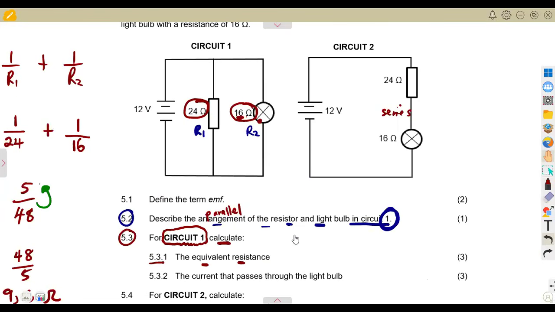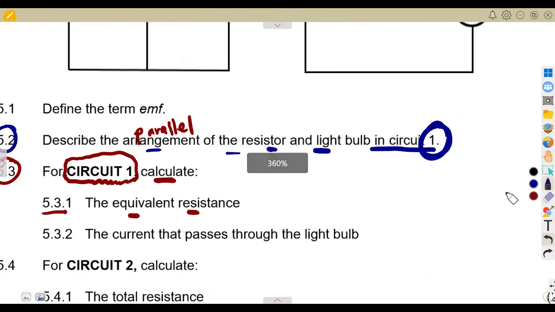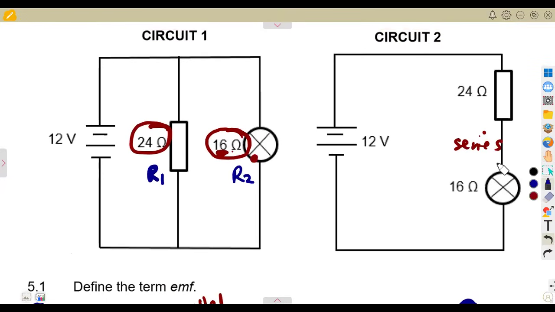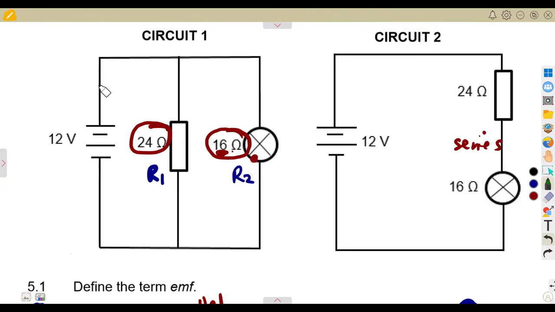All right, we are still on the same circuit. If you consider 5.32, we are still on circuit 1, but now we need the current that passes through the light bulb. Take note, this is a parallel circuit, and in a parallel circuit the current moves from the positive.